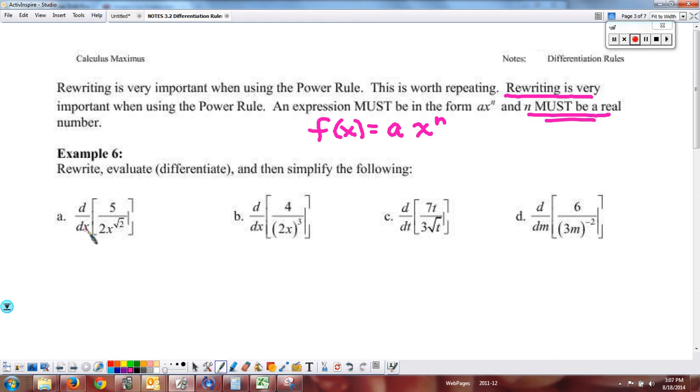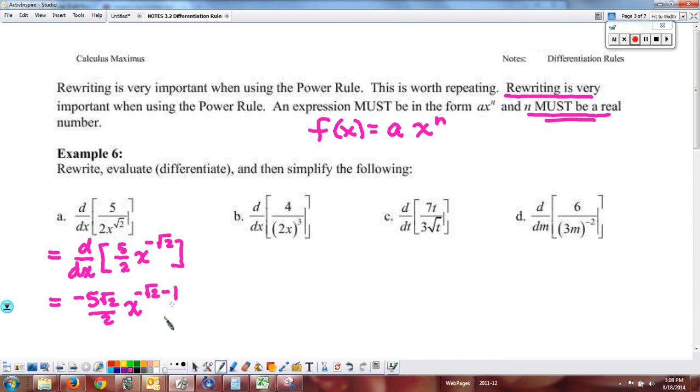So when you see things like this, remember this is the verb, and we take the derivative of what's inside with respect to x, the very first thing that you should do is rewrite it into the correct form. So this would be the same as 5/2 x to the negative square root of 2. Once you rewrite it into the correct form, then you just simply take the derivative, -5 square root of 2 over 2, x to the negative square root of 2 minus 1.